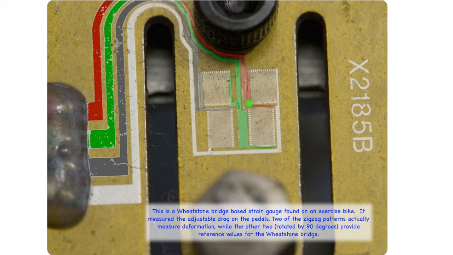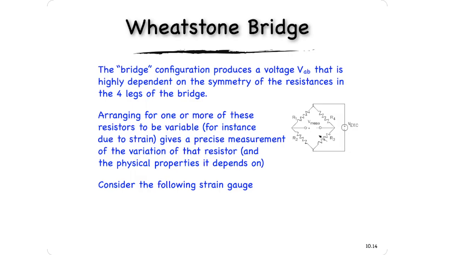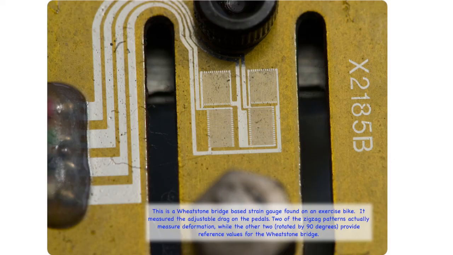And so if we measure the voltage difference between the red and the gray, that is this center measurement in this bridge.